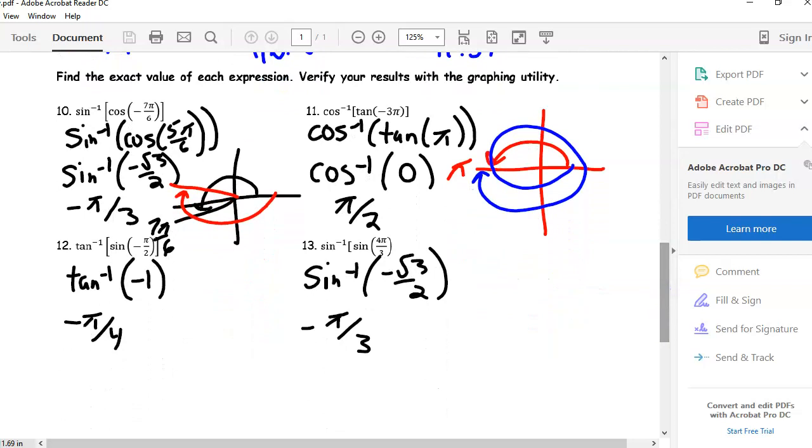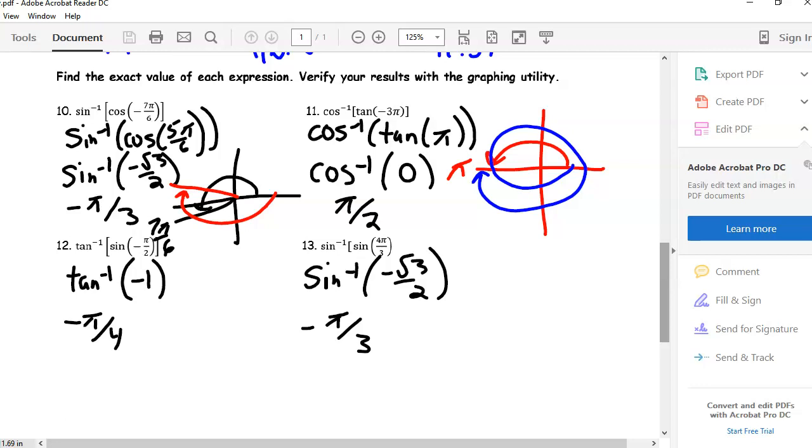For 10, your inside should have been negative root 3 over 2. Your final answer was negative pi over 3. You didn't need to change this to 5 pi over 6, but it may have helped you see it better. Your inside was 0. The final answer was pi over 2. For 12, the inside was negative 1.